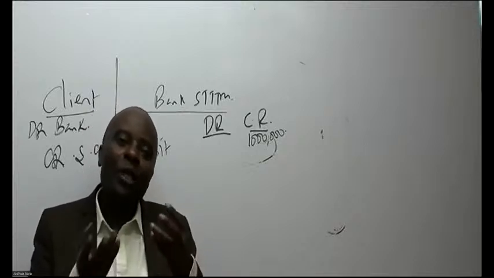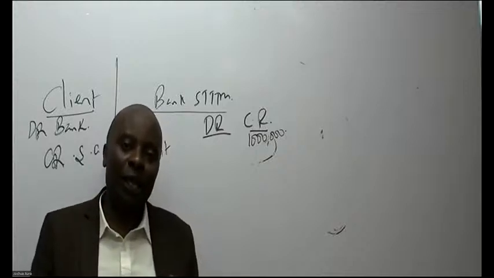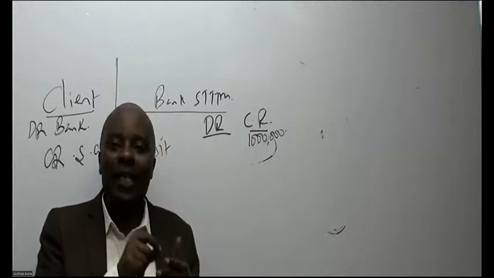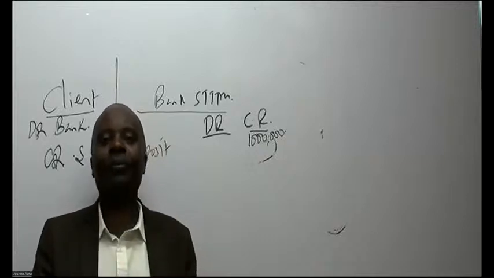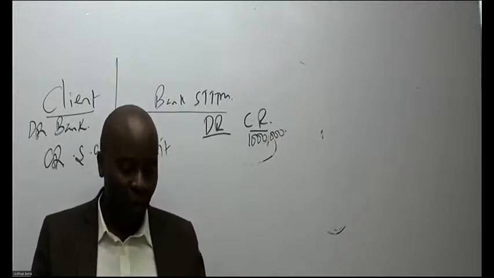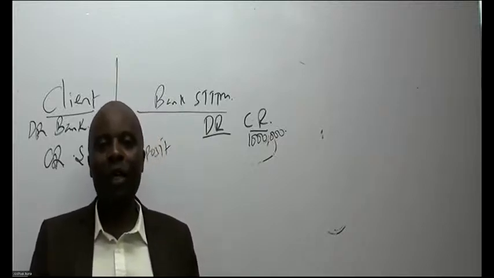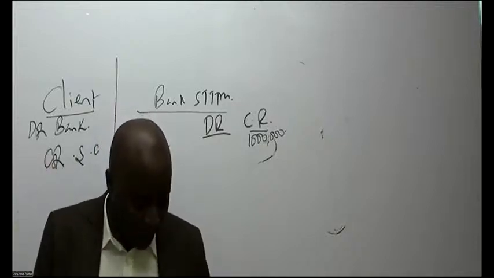So when you receive this check yourself, what do you do as an accountant in that company? You must have added that amount in your cash book. You received a check, so you debit your cash book and credit your customer's account. So you have already recorded this amount.